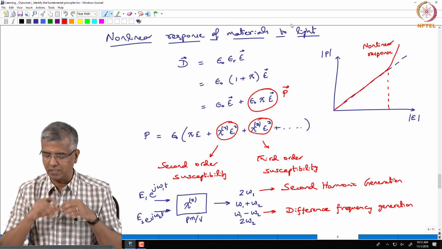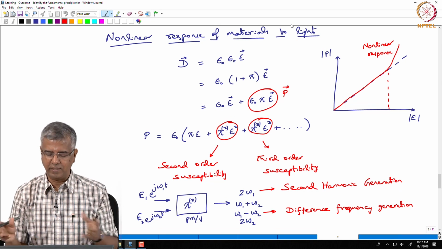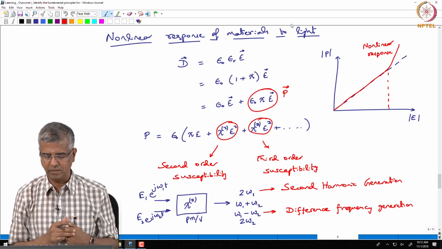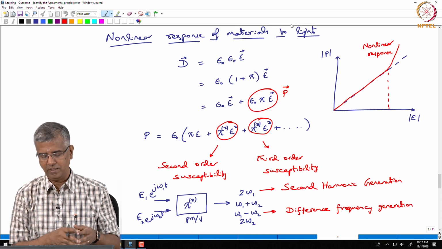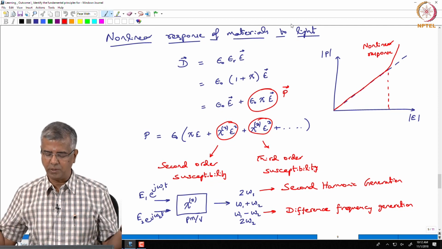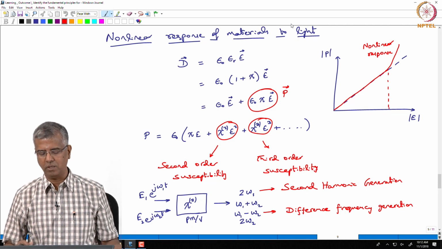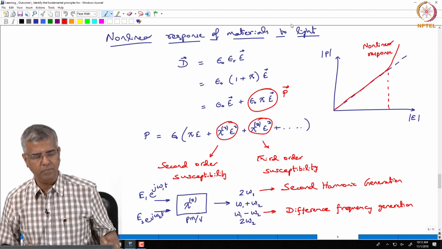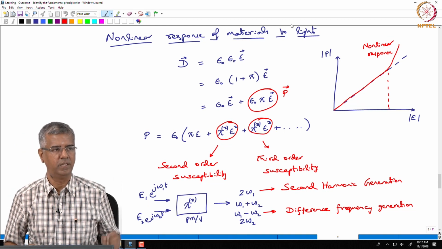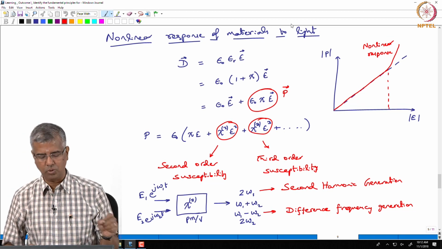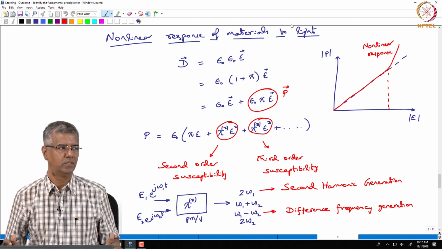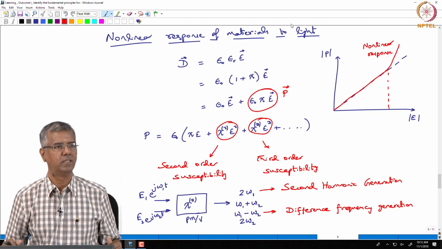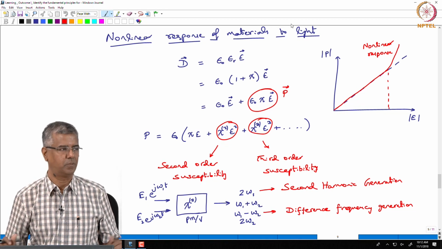So it's not as if these things are not there and we have only linear response. All these Chi2, Chi3 are there, but because the magnitude of the electric field is low, all those terms are negligible. So you can approximate the response as a linear response at relatively low electric fields.